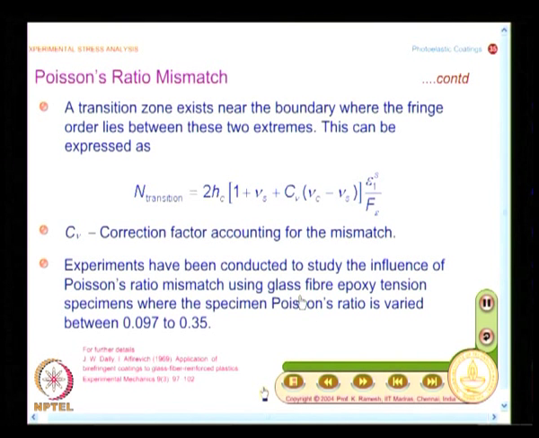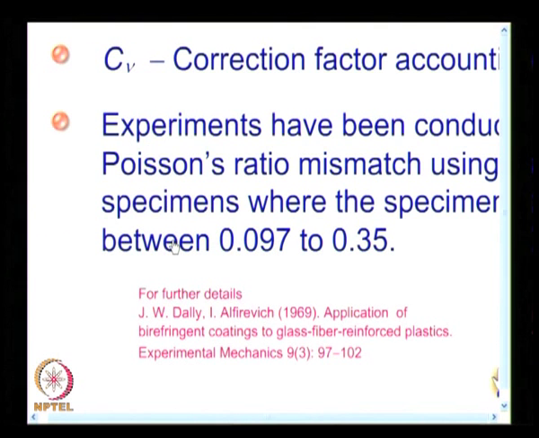When you use a composite, by changing the volume fraction of the fiber, it is possible to change the Poisson's ratio, and further details you could get from the reference here. It is by Daly and Alferwich, published in 1969: application of birefringent coatings to glass fiber reinforced plastics.